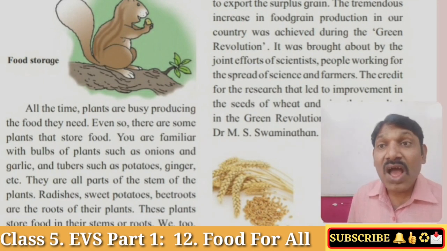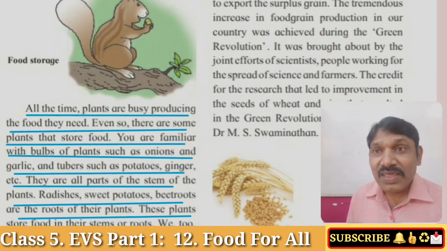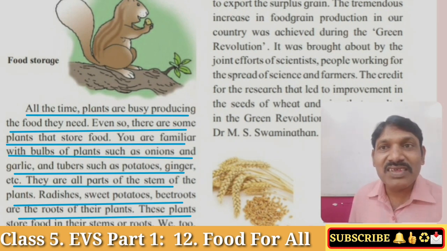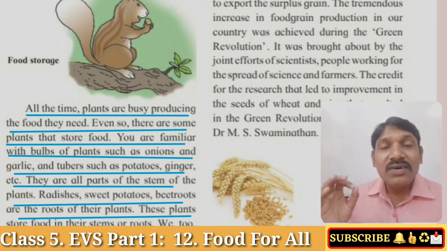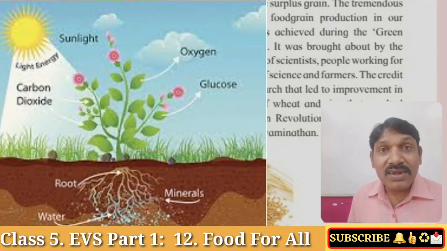Let's read first. All the time, plants are busy producing the food they need. Even so, there are some plants that store food. Yes, student, we know that plants are also busy in producing food. They need the help of sun rays. The leaves of the plant produce food.